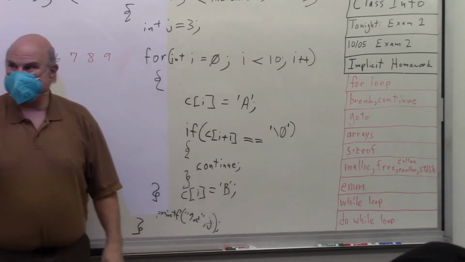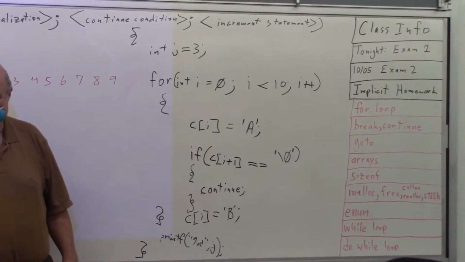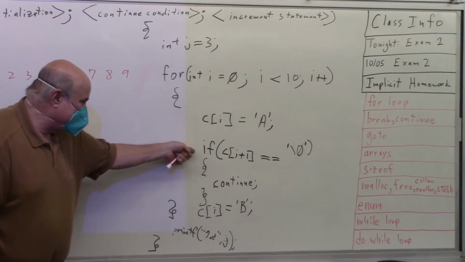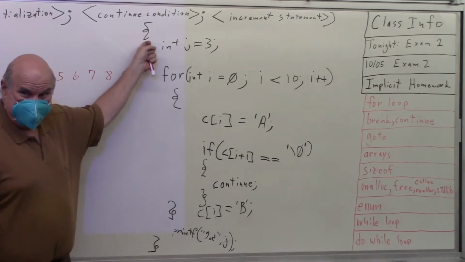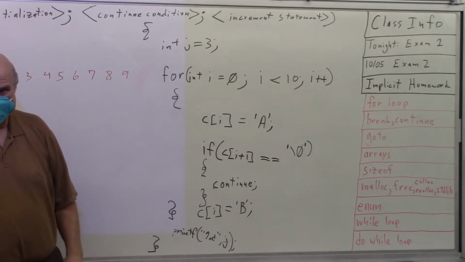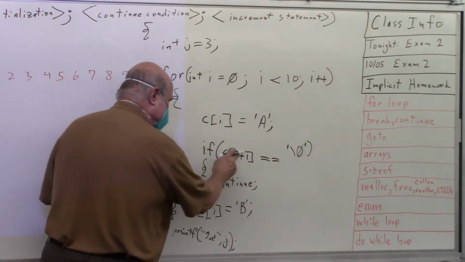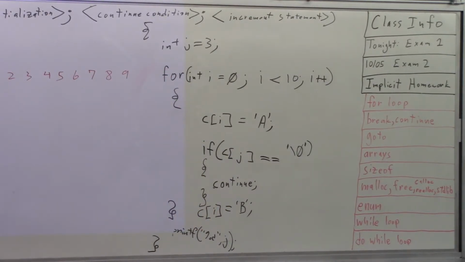Now here's the next question for the fifth person. Inside this loop, which is also inside this scope, can I see j? No. Suppose I put a reference to j there, right?